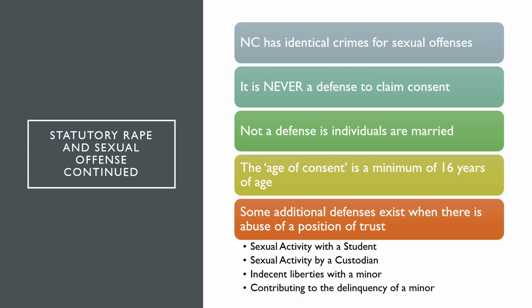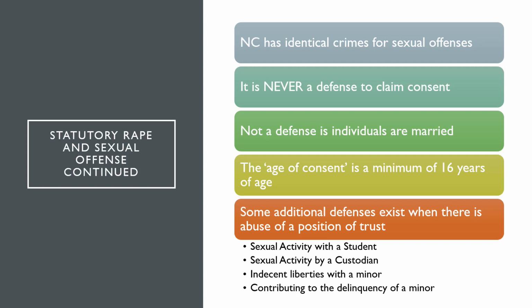It is not a defense under certain numbers that you're married. So if you were lawfully married at a very young age, below the age of consent in North Carolina, and you were having sex, it is not a defense. Now, the age of consent in North Carolina, below which you cannot have sex, is 16.